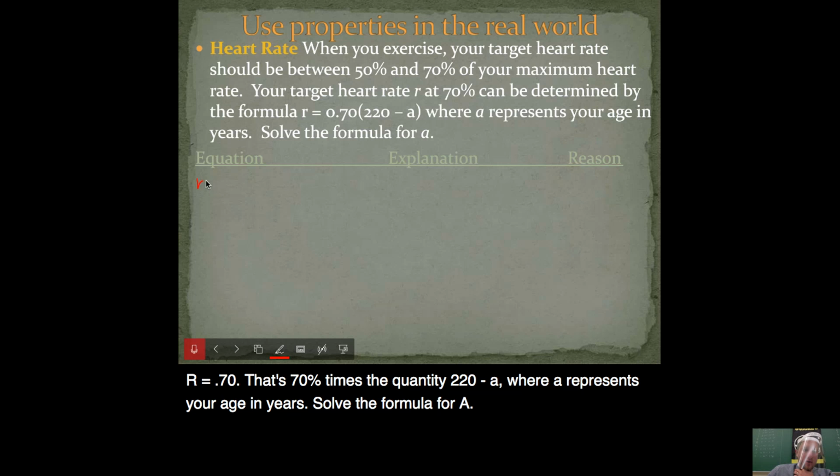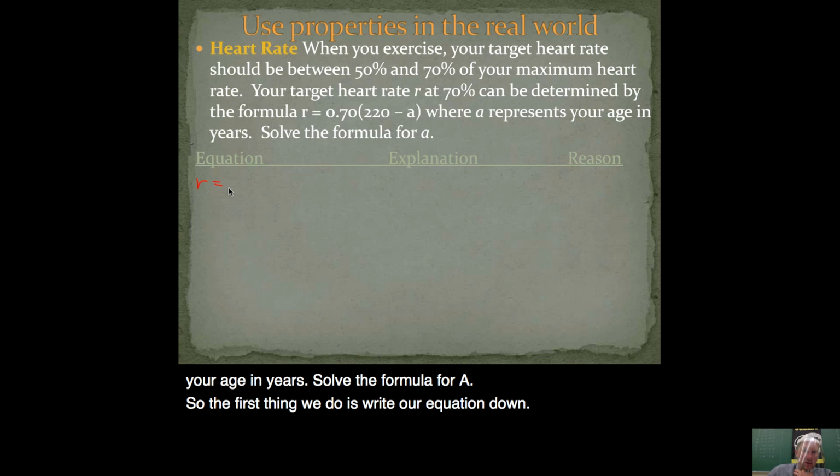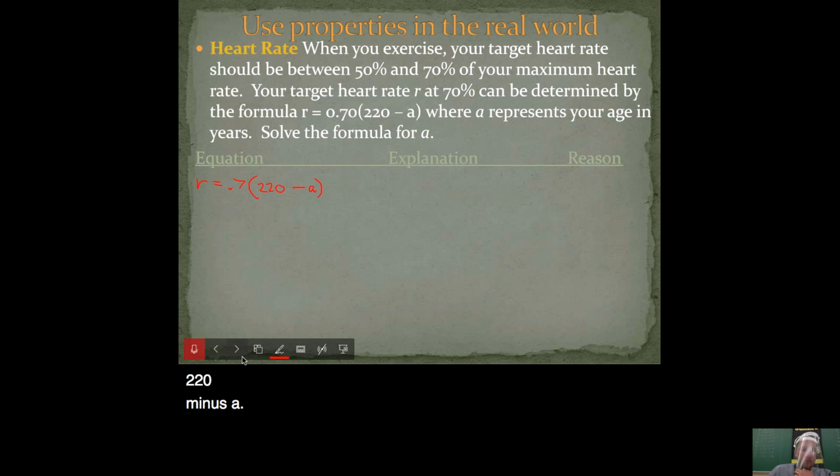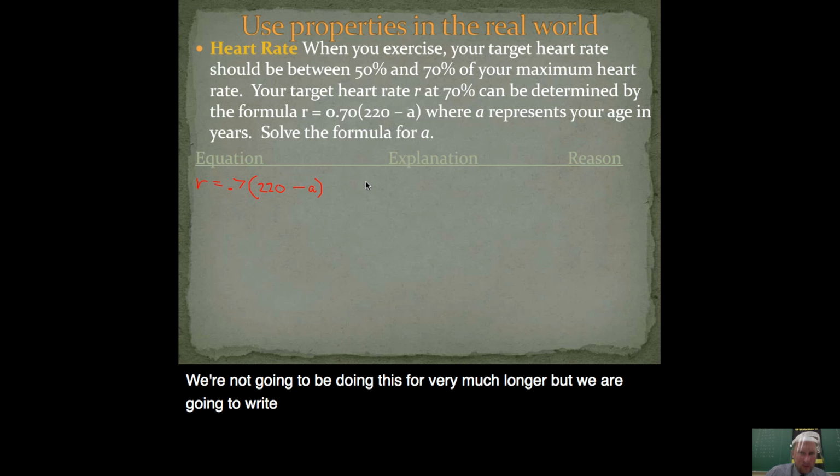So the first thing we're going to do is write our equation down. R equals 0.7 times the quantity 220 minus A. We're not going to be doing this for very much longer, but we are going to write an explanation column here also.